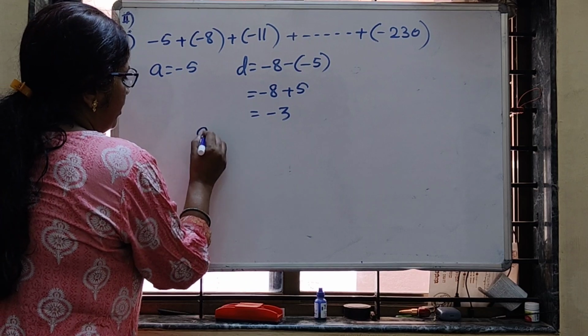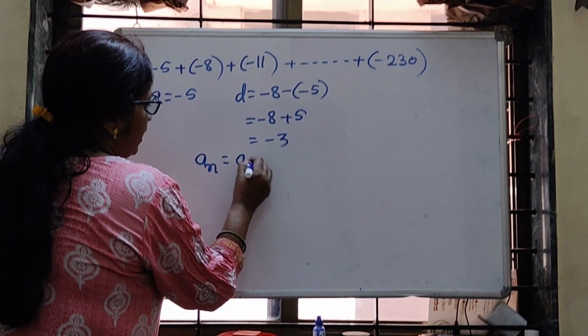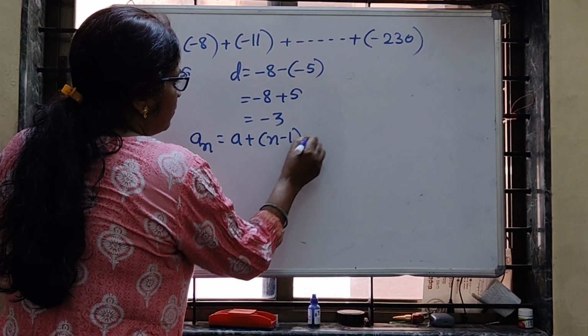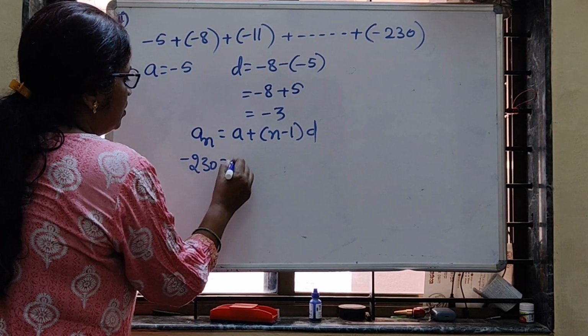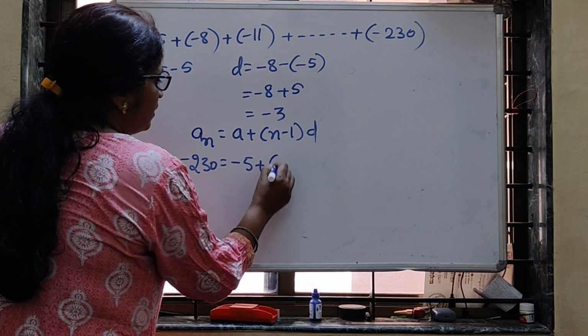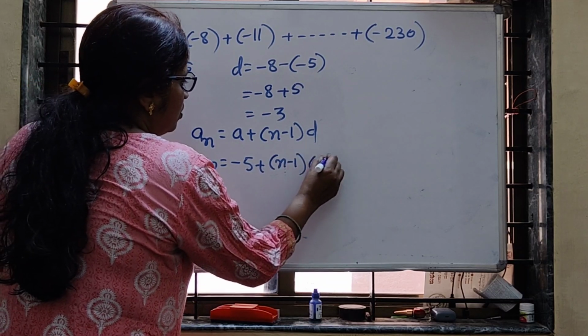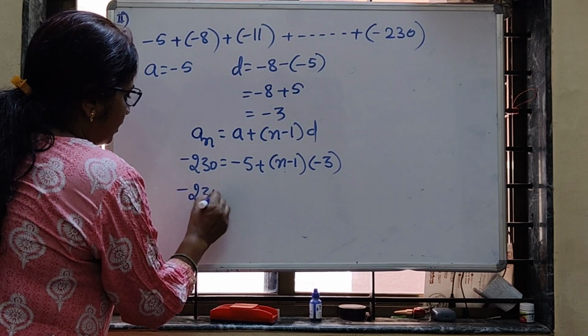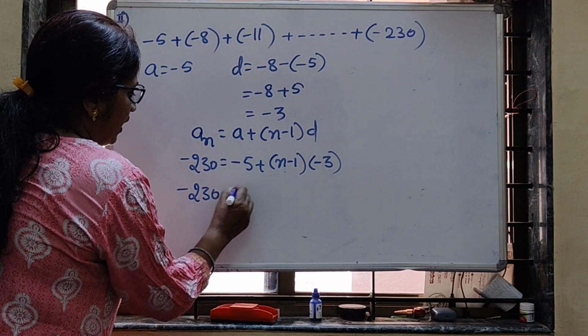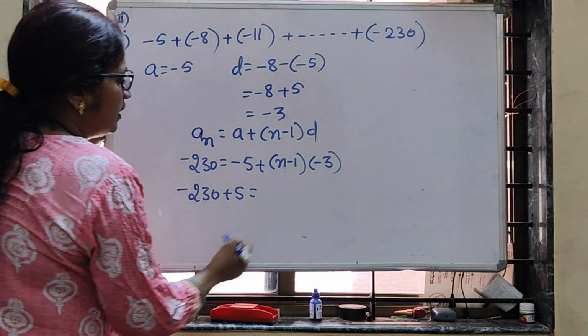With the help of AN, we are going to find n. A plus n minus 1 into d: minus 230 is equal to minus 5 plus n minus 1 into minus 3. Minus 5 becomes plus 5 after transposing to LHS.